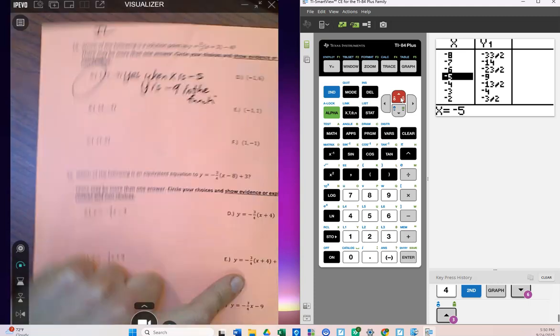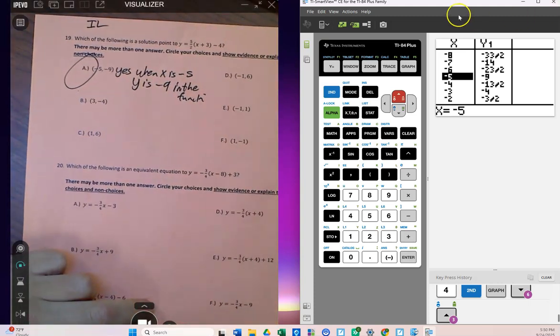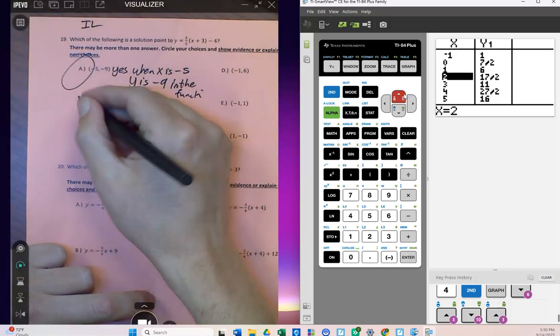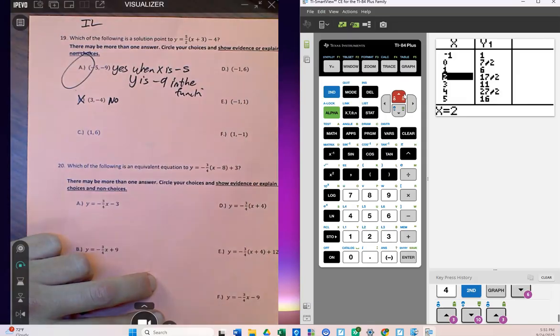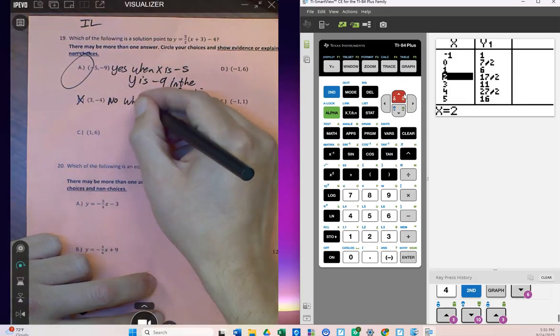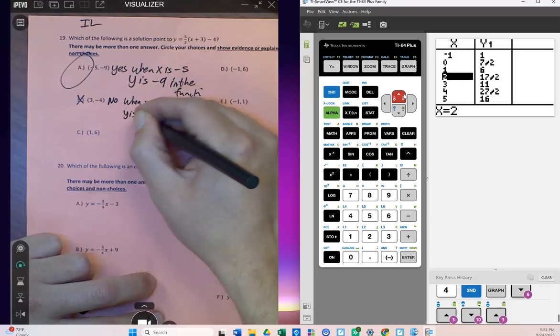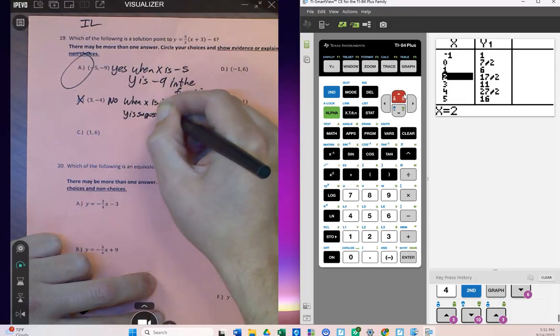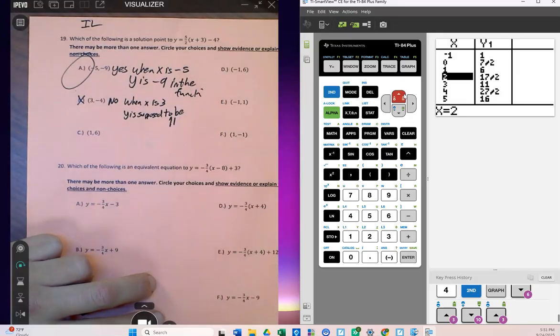Okay, let's go 3, negative 4. Alright, 3, negative 4. Where are you at, table? Oh no. You could have said, when x is 3, y is supposed to be 11.